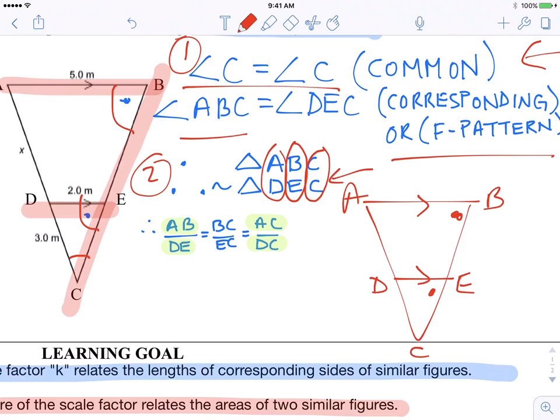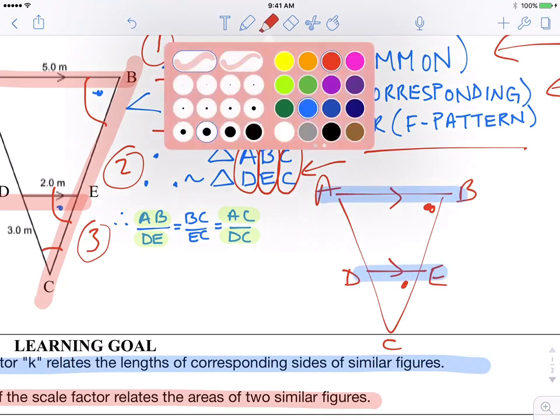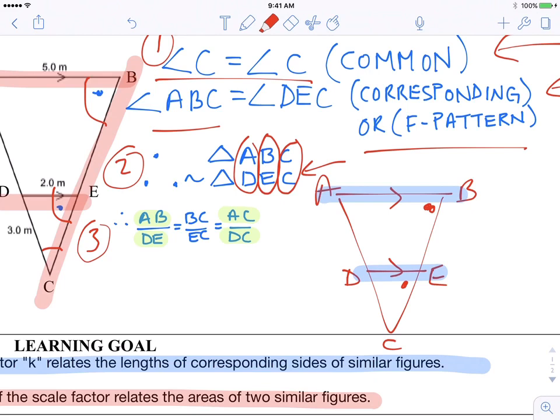And what that helps us to do is this third setup, writing the ratio of side lengths in the proper order. So AB, and you can see that here if I highlight it on this drawing I did on the side, AB would line up with DE. And then of course you have BC lining up with EC, which is right there. And then we've got AC lining up with DC, and that makes sense.